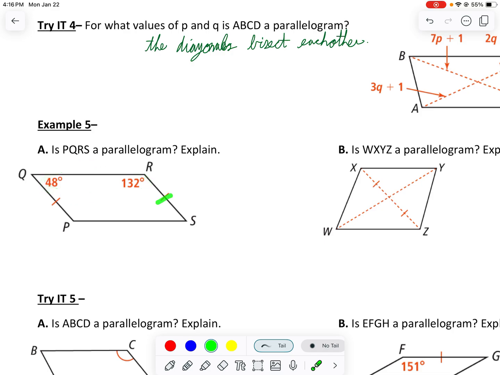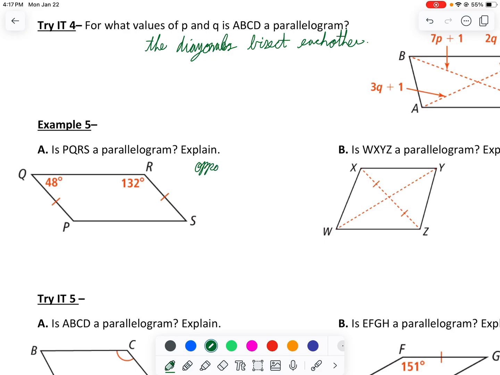So we have opposite sides are congruent, but then we also have this adjacent angles are supplementary here. Does that together make parallel lines? Well, since we know what these angles are, and we know that these lines are congruent, we know that the distance from this angle to this one is going to be the same. So I want you to use those 2 properties, and I'm going to write them down.